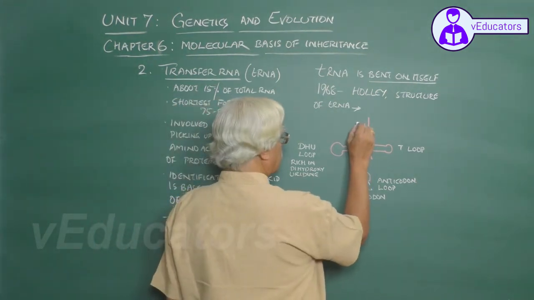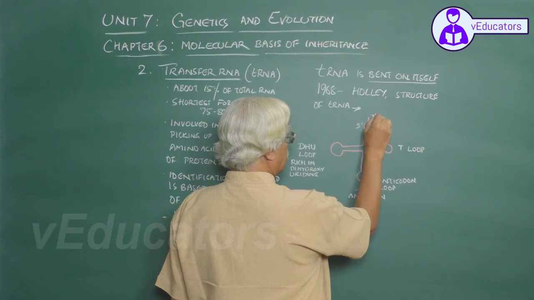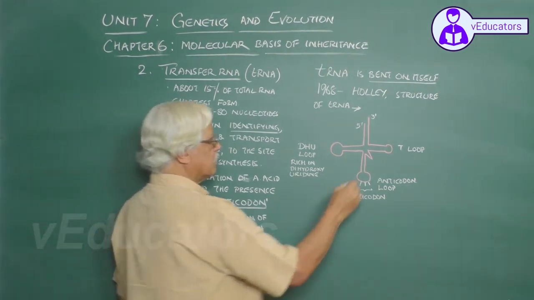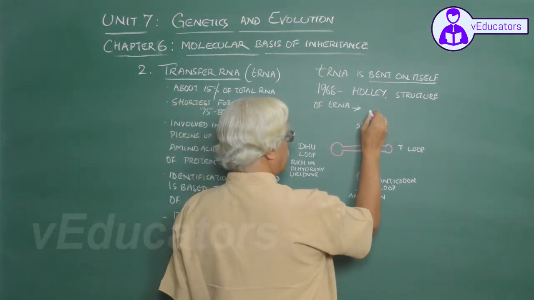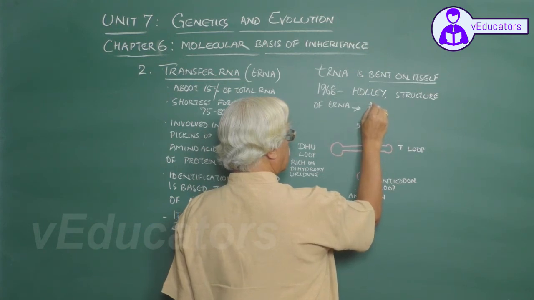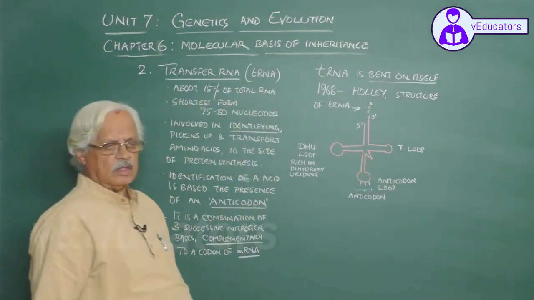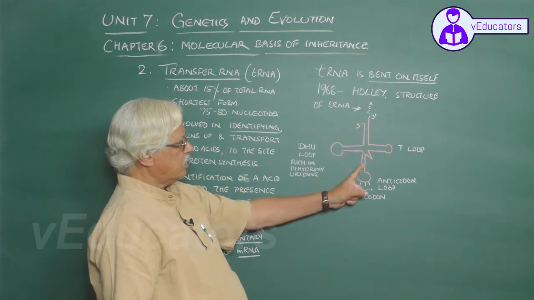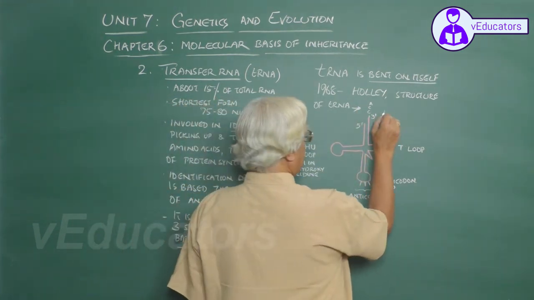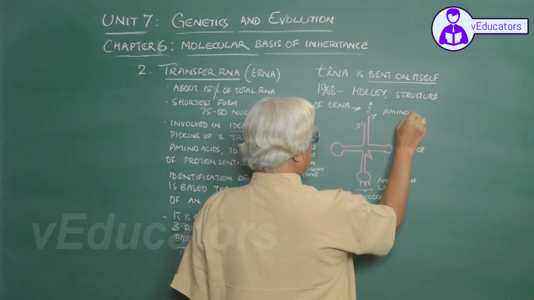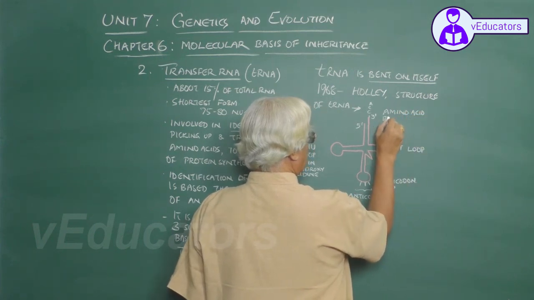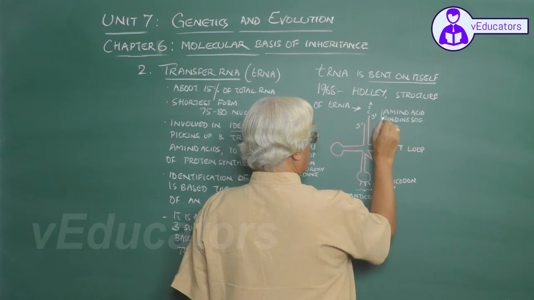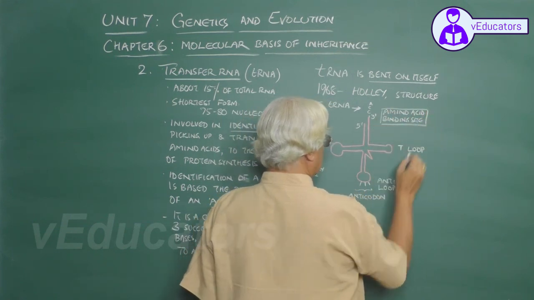Suppose this is the 5' end and the 3' end. The 3' end has a tail ending in CCA, cytosine, cytosine, adenine, and this is the amino acid binding site.